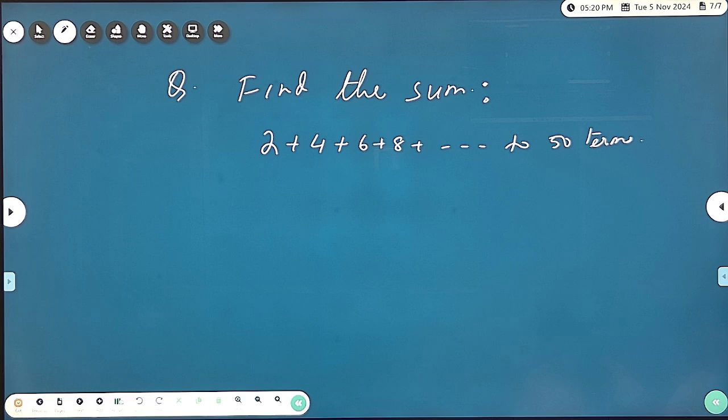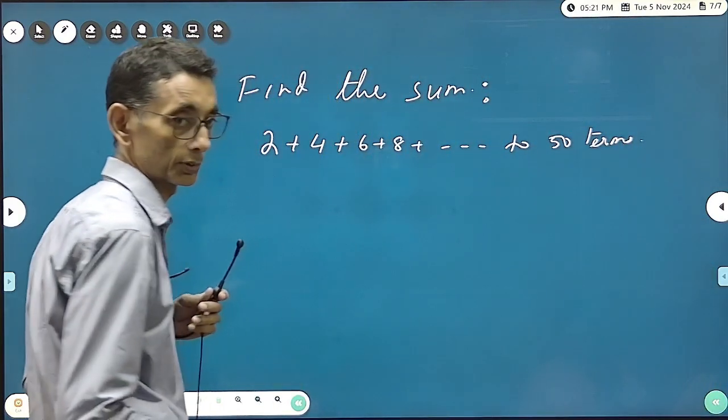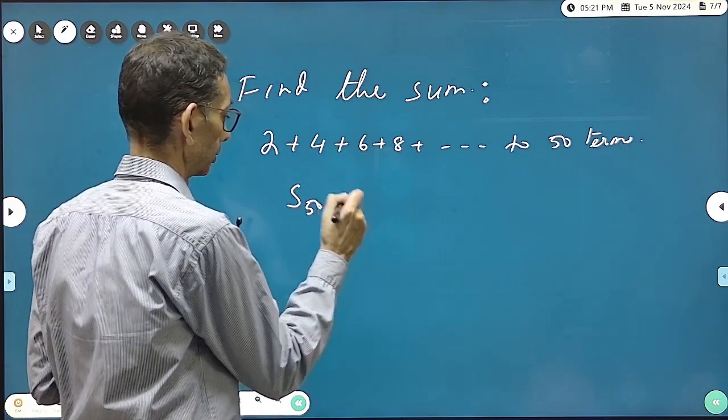What will the sum be? Done? Okay. 2, 4, 6, 8 up to 50 terms, right? So it will be S50.